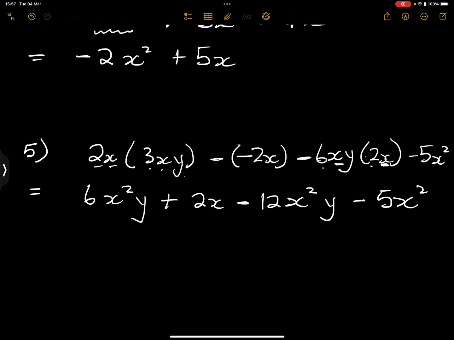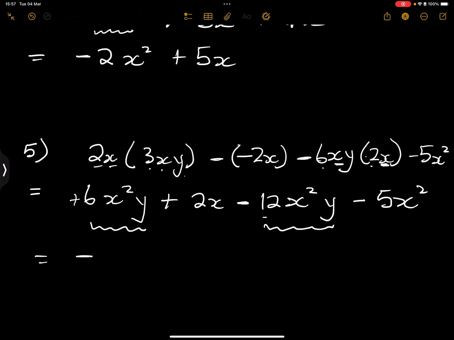Now let's see, are there any like terms in this case? Almost definitely. We've got these as x squared y, so we can add the 2. Notice we've got a positive and a negative. So we know that if the signs are different, we are going to subtract and take the sign of the bigger number. The bigger number there is 12.